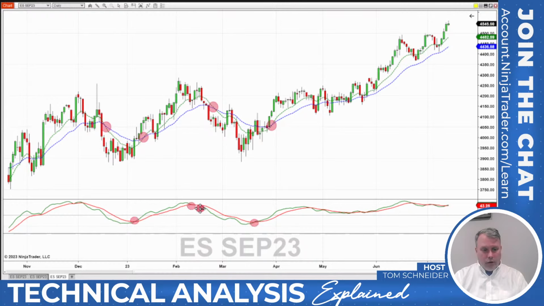Now the direction of the cross is important. And there's a couple of crosses here, so it's kind of tangled up. We'll do something else up here. So the concept is the same. When we have a line that crosses a smoothed version of itself, that might be indicating a trend change.